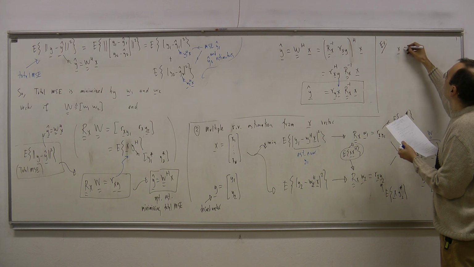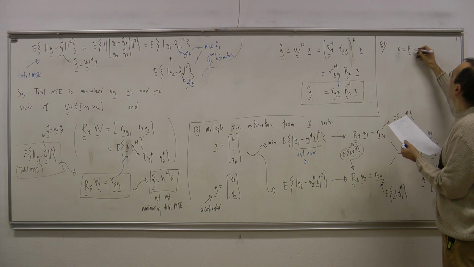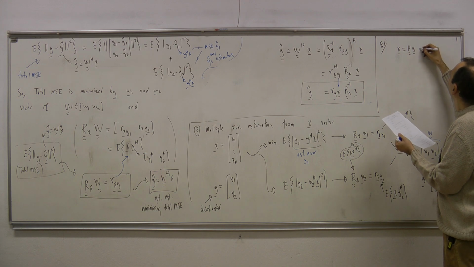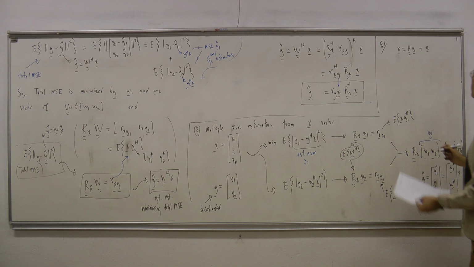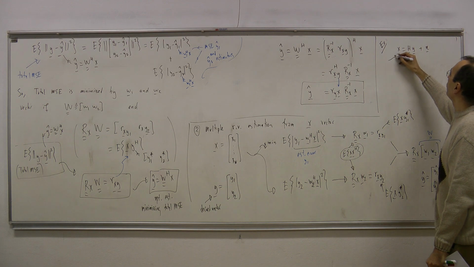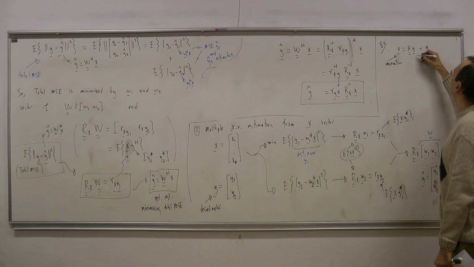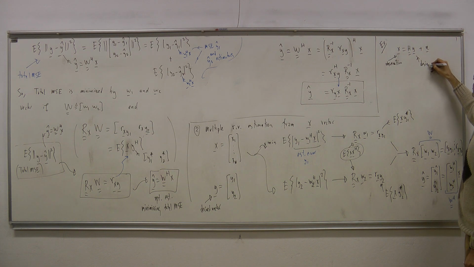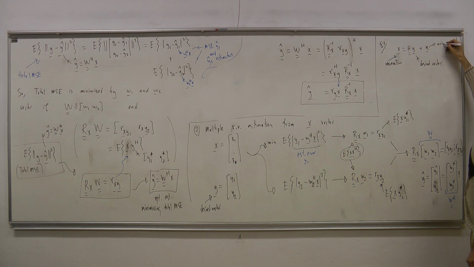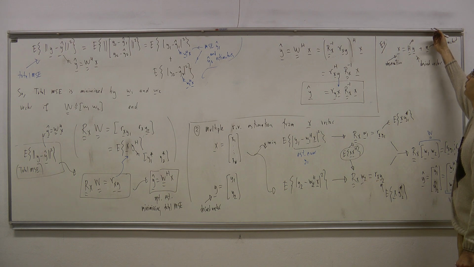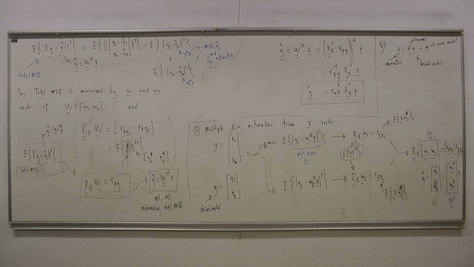So let's say that my observation vector is, this is a very important example. This is my observation vector. This is my desired vector. This is the noise vector. And this is what we call the channel, the known channel, the H matrix essentially.